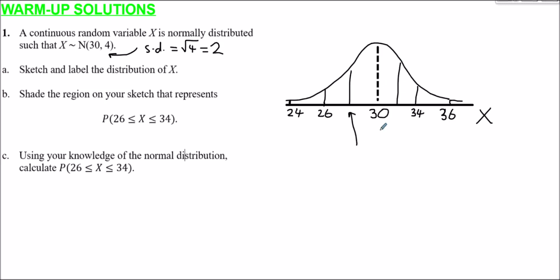This is for part C ultimately. But the region which is between 26 and 34, which I'm going to shade, is just going to be this bit here. So all the way from 26 up to 34 is going to be this proportion of the curve.